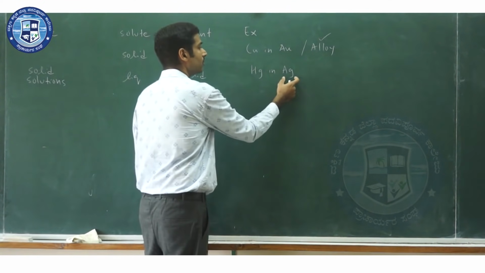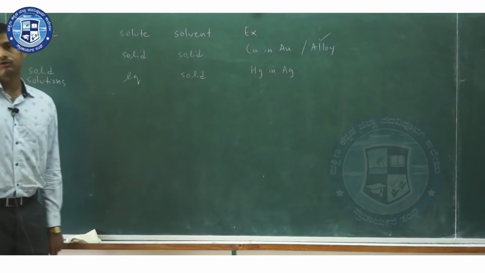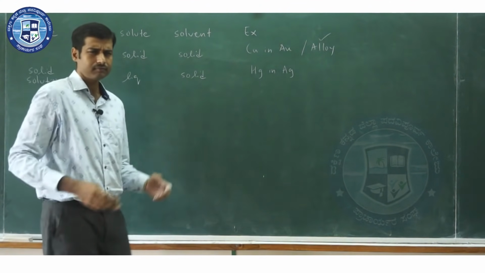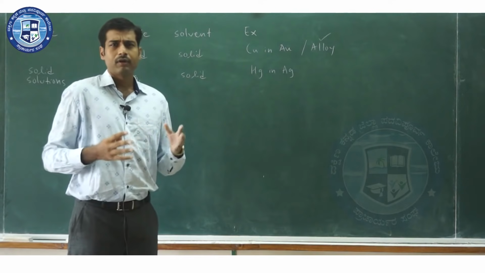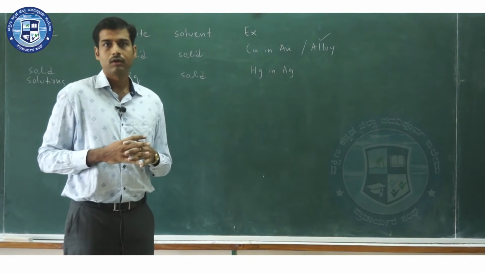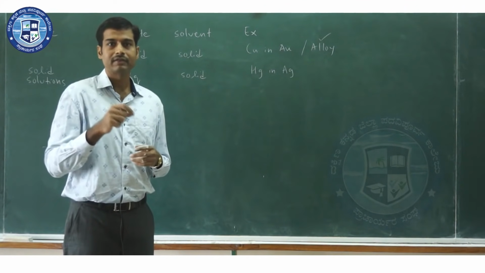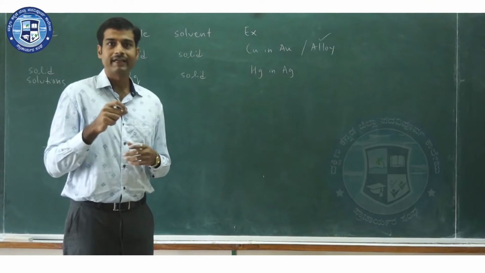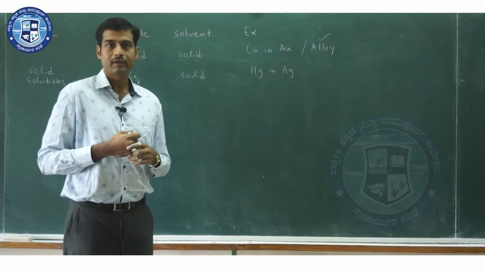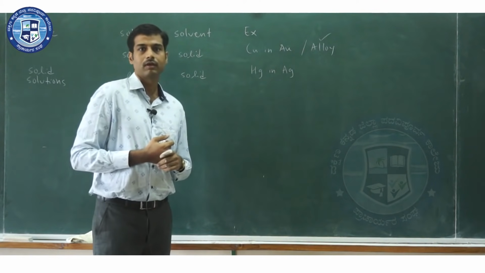Mercury is a liquid, silver is a solid, and therefore it is a solid solution. Whenever cavities are formed in our teeth, the dentist will fill these cavities. Dental fillings usually consist of an amalgam of silver and tin.